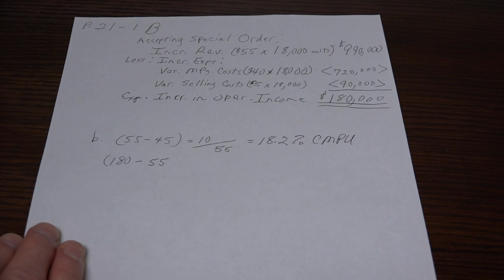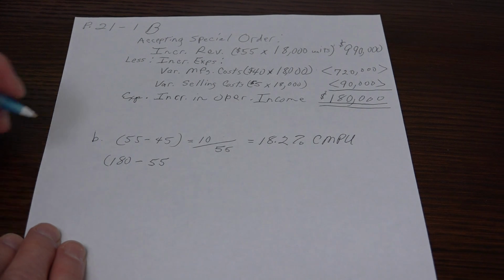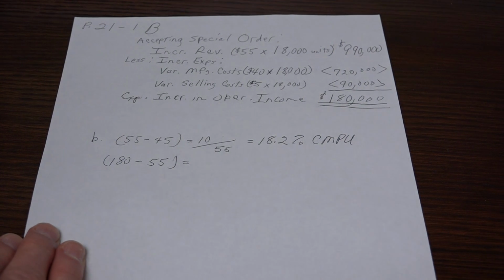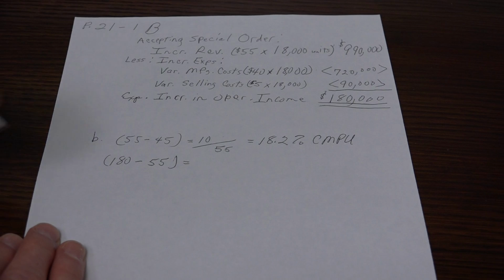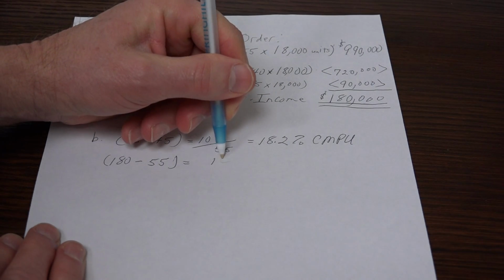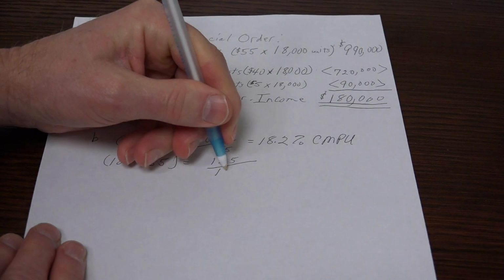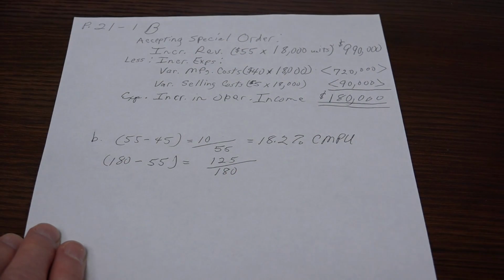That's the variable manufacturing cost of 40, and add in the variable selling expenses of 15 in your book for manufacturing the 50,000 units. And so that is 125 over the 180 selling costs.